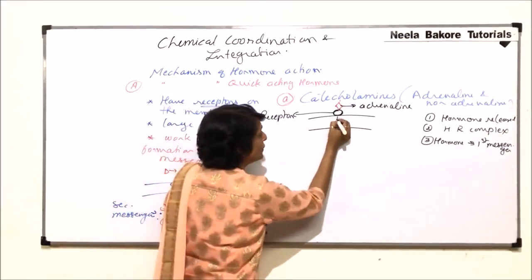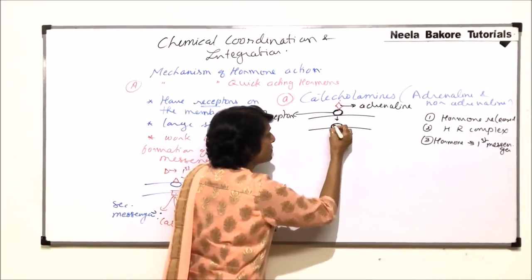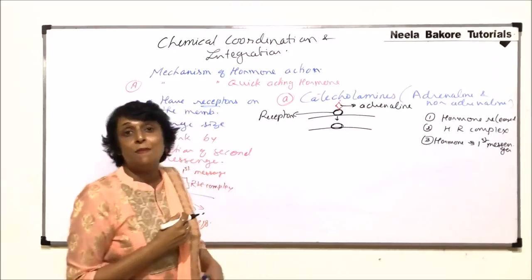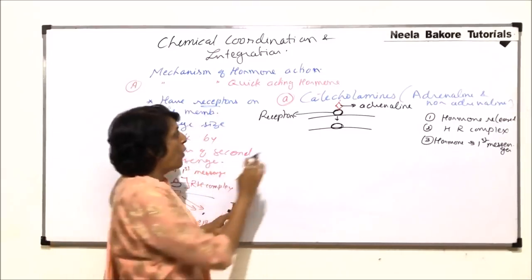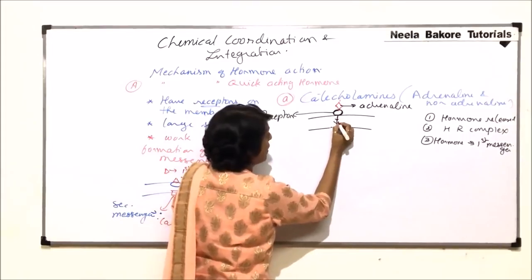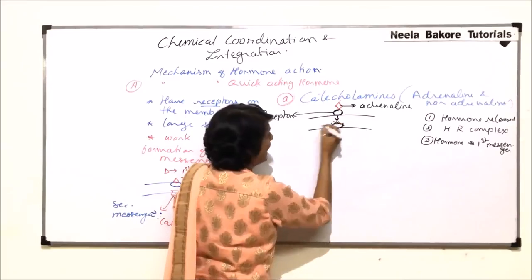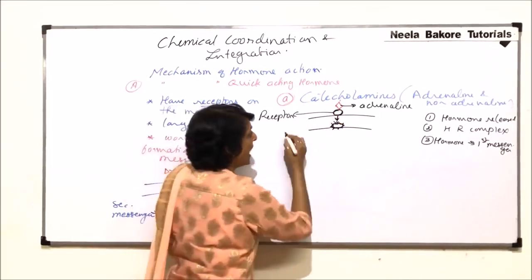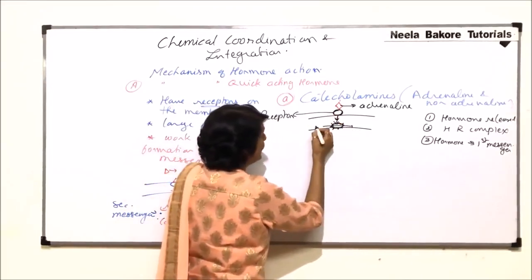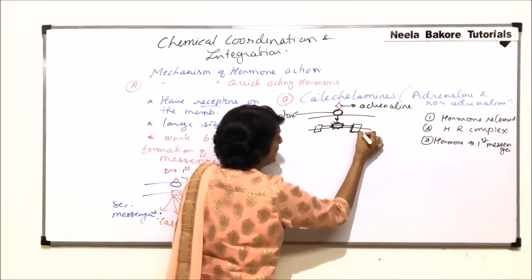Because of this conformational change, an enzyme which is present on the inner side of the membrane gets active. Let me write it like this. Here we are saying this conformational change. So this protein has undergone some change, and because of this, the enzyme becomes active.